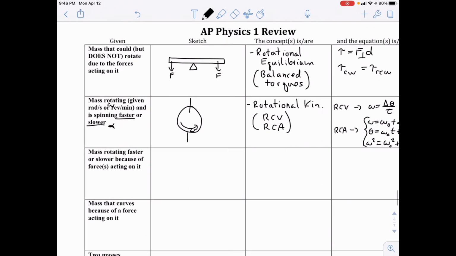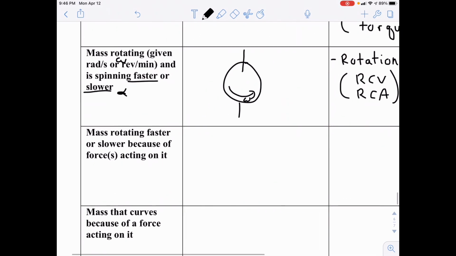Now, what if we have a situation where we're given, again, a rotating mass, but this time the rotating mass is spinning faster or slower specifically because of forces acting on it, meaning torques cause the rotation.